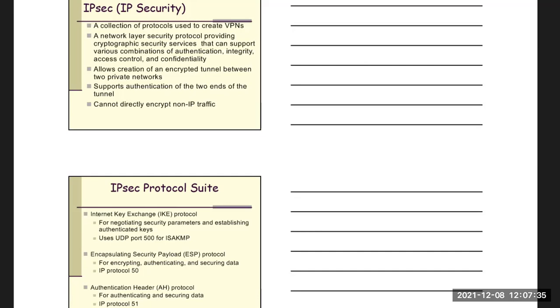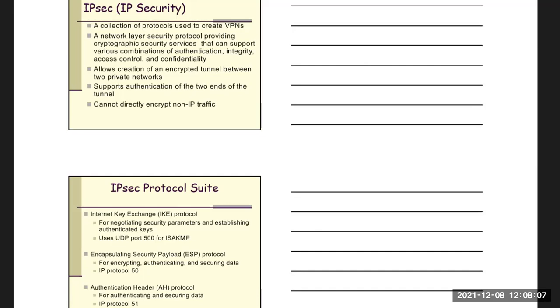What does it do? The Encapsulation Security Payload provides data integrity, encryption, authentication, and anti-replay. It also provides authentication for the payload.